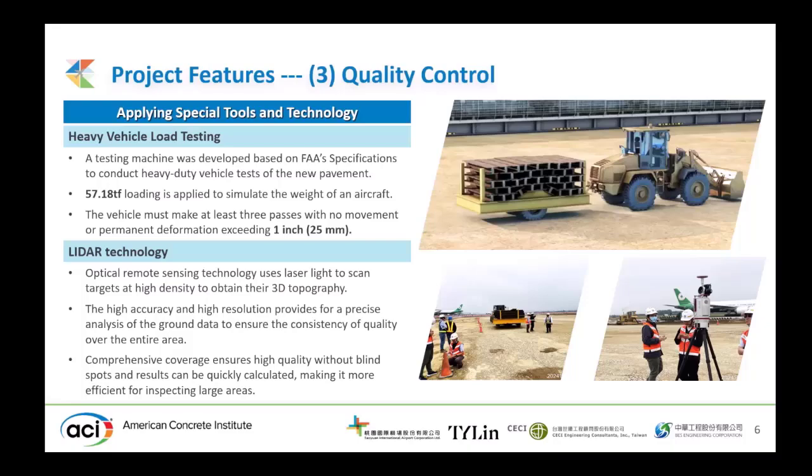For the large apron area, we also adopt LiDAR technology to apply the ground data and the analysis to confirm the flatness of the entire apron area. It's an efficient and comprehensive way for inspecting a large area.